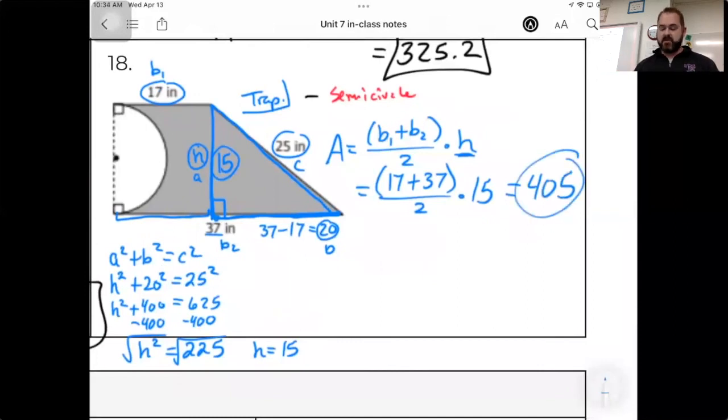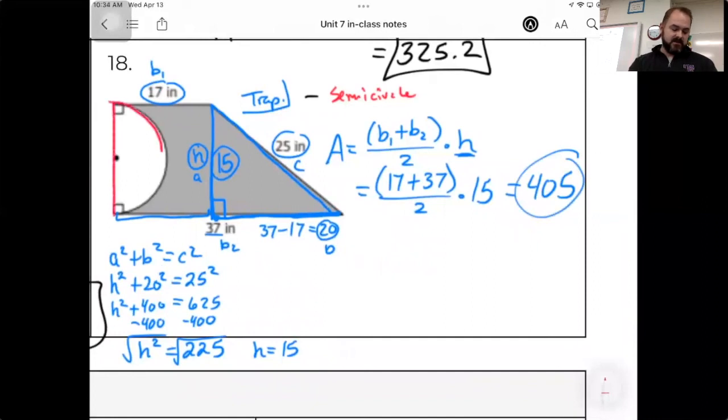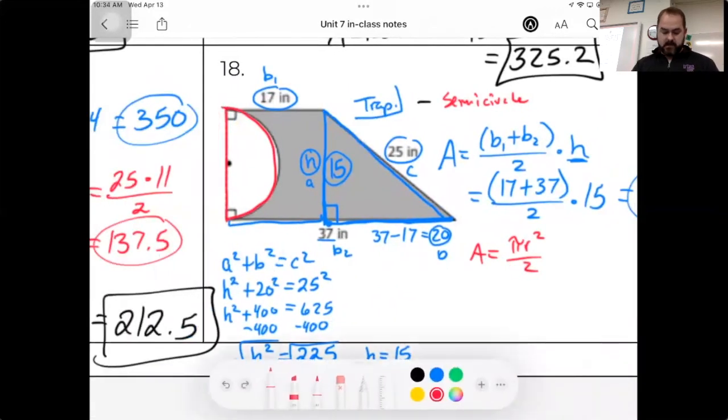But I've got to subtract the area of this semicircle. Well, the area of a semicircle, remember, is pi r squared divided by 2. The radius of that semicircle from here up to here, okay, this radius here is half of your 15, or 7.5 then.